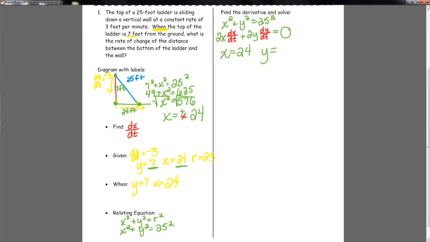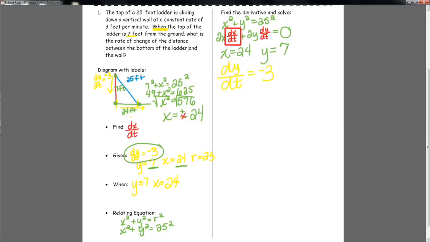Sorry. It is 7. I'm thinking of the rate of change. Sorry about that. I also know that my rate of change, my dy/dt, is equal to negative 3. So I'm going to plug these all in, these three values, and solve for dx/dt, which is located right here.